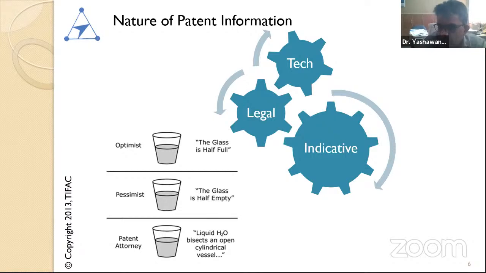And when we look at those benefits, most of the time inventors get carried away with those indications, those precursors of benefits, in the form of monetary benefit, technological benefit, or any other benefit.